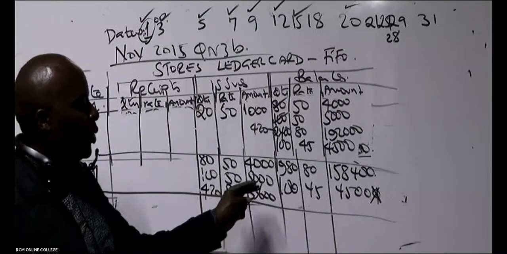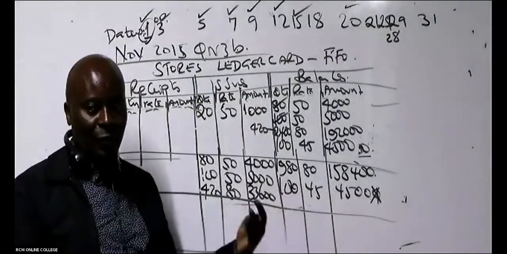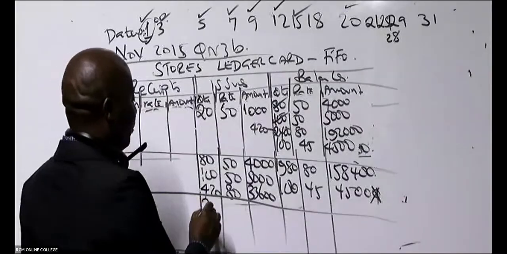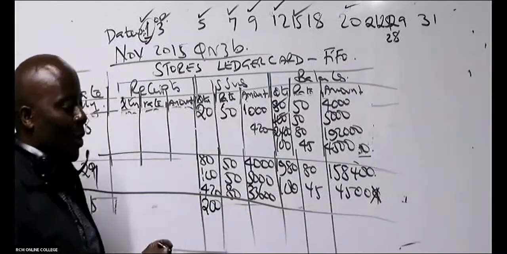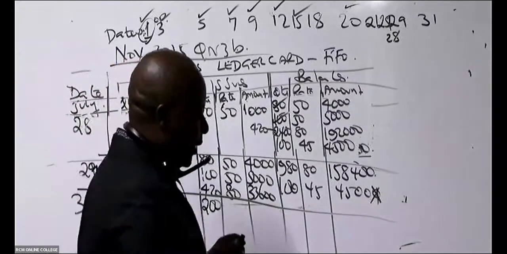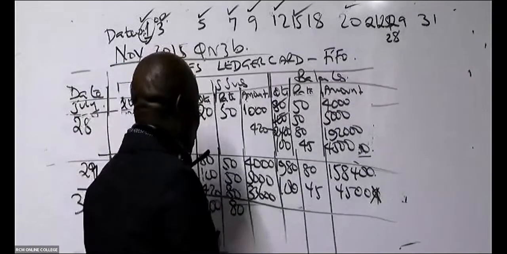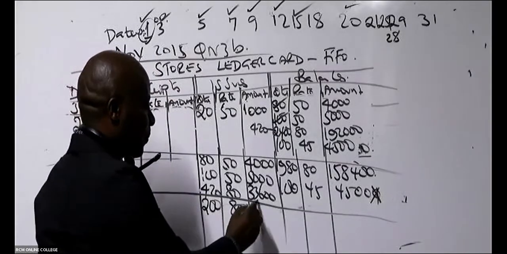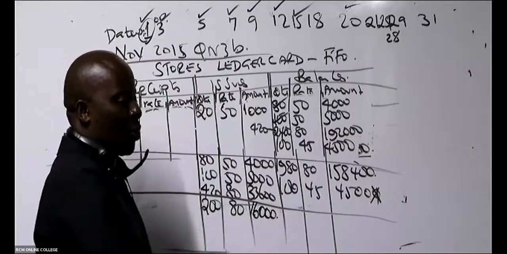Fortunately, the oldest batch we have is sufficient in quantity. So we issue the 200. So we're issuing this 200 at what price? At 80. So 200 times 80 gives me 16,000. So that is it.